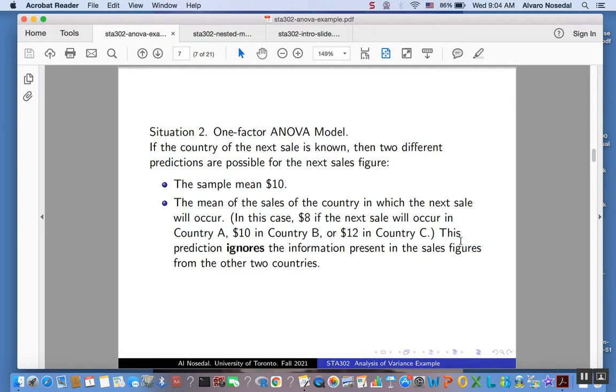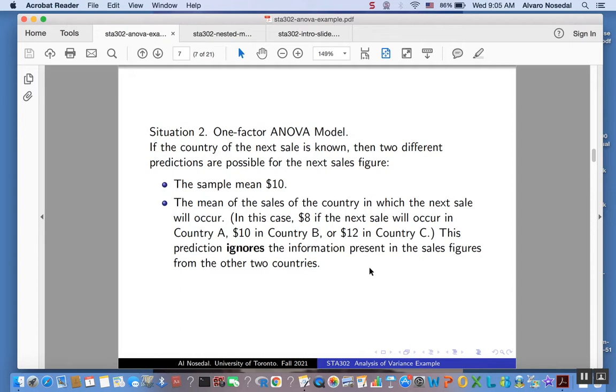But note that if we use the mean for a particular country, our prediction is ignoring the information from another 8 observations.